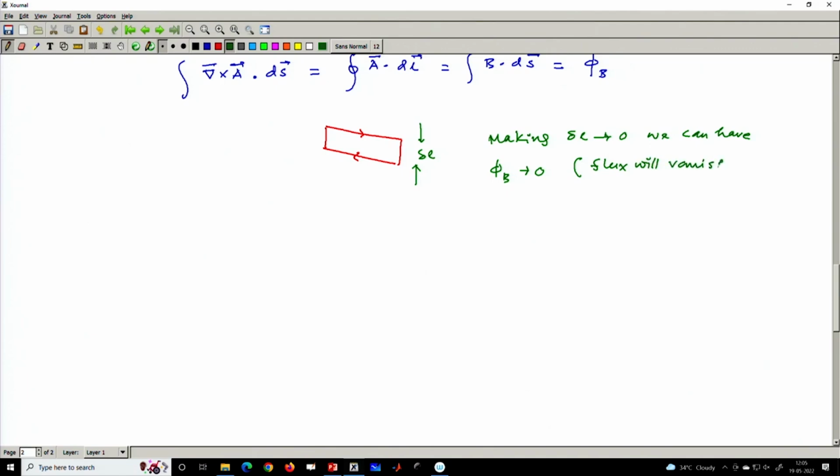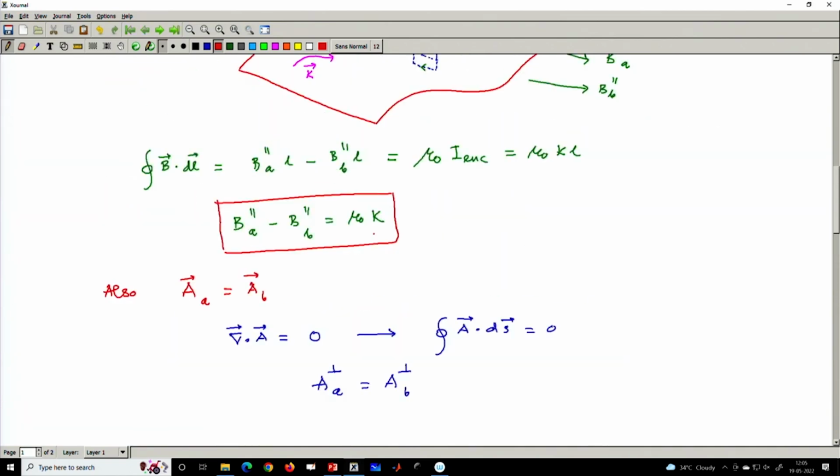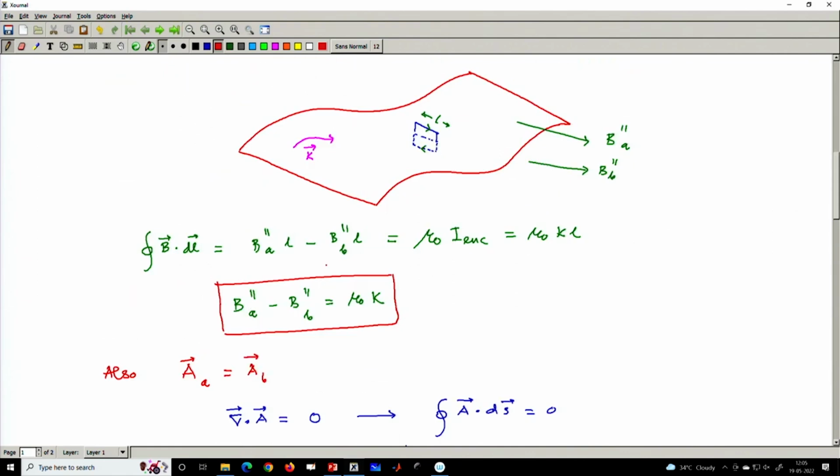Because the surface area I can make 0. So, that basically gives me an expression like A parallel above is equal to A parallel below, exploiting the same technique that we used here.